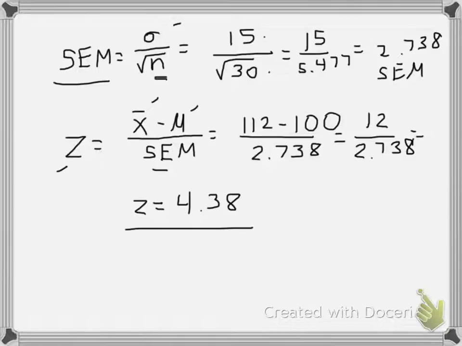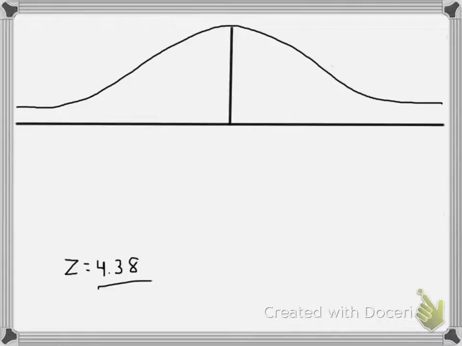So once we have our z-value, what do we do? Actually, our next step is to go and look at our bell curve. So let's start working with our bell curve. We know that our z-value is 4.38. Our population mean value is 100.